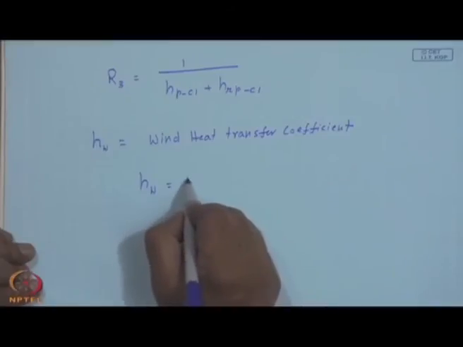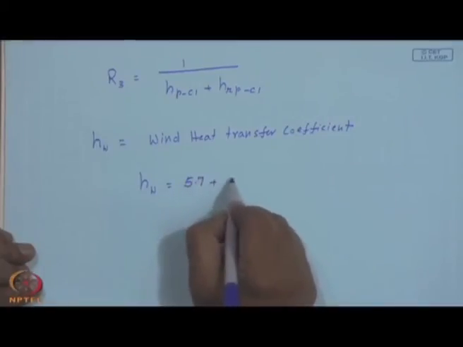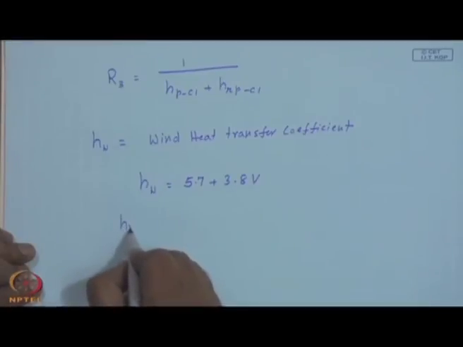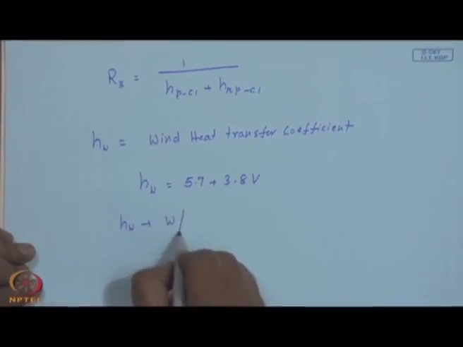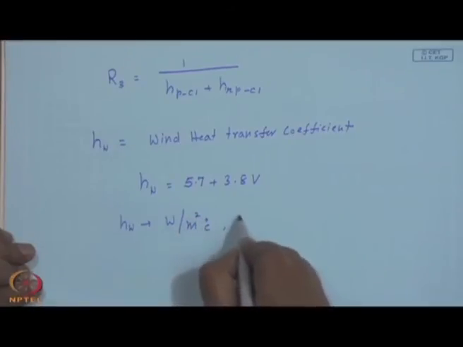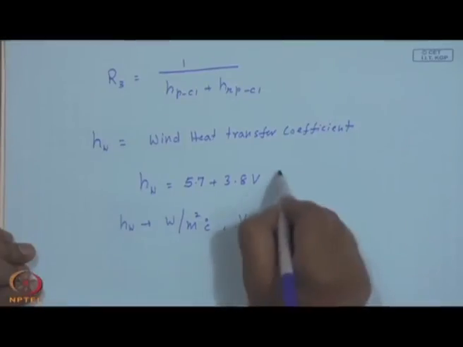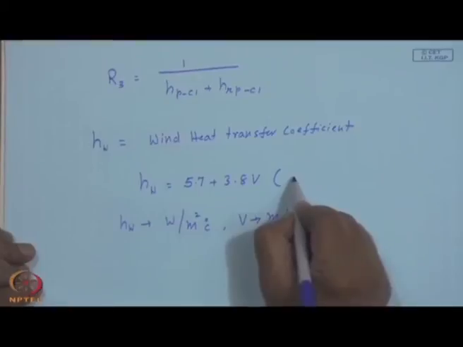H W is 5.7 plus 3.8 V, where H W is in watts per meter square degree C and V is the wind velocity in meters per second. This relation is due to McAdams.